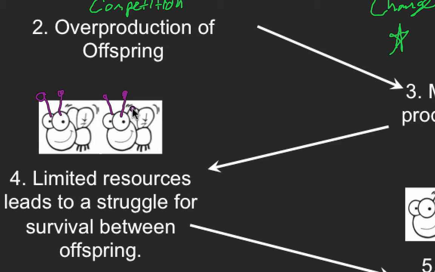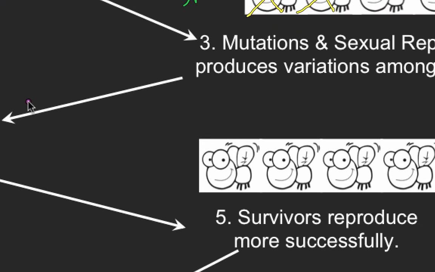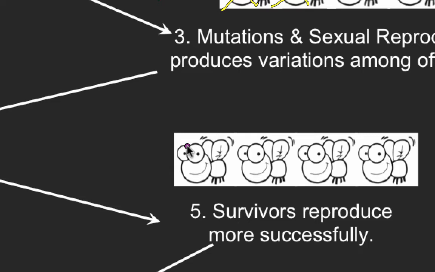And we can go back and say our green guys here died because their green antennae weren't great for finding food. So what happens is our survivors reproduce more successfully, and now we see our population start to shift.